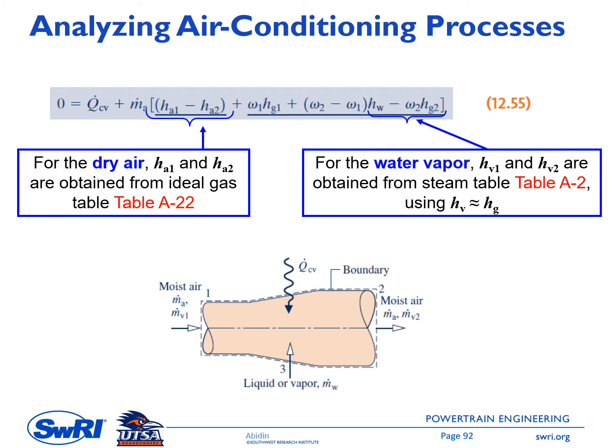And then the next term here we have h_g1 and h_g2. This is the contribution from the water vapor. So h_v1 and h_v2 can be obtained from table A2, and they are equal to the saturated vapor enthalpy.